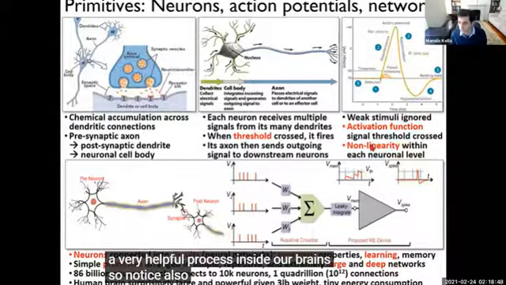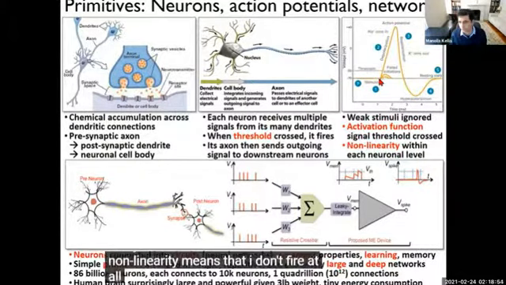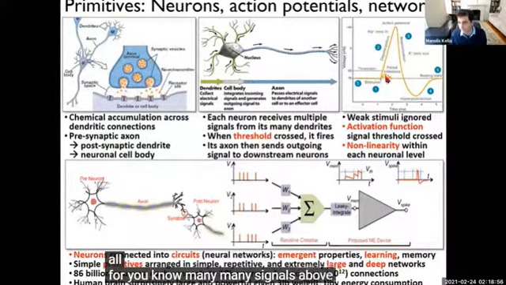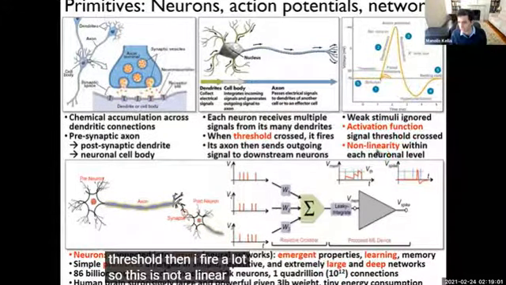So notice also that there's a nonlinearity within every neuronal level. That nonlinearity means that I don't fire at all for many signals below that threshold. But when I cross that threshold, then I fire a lot. So this is not a linear system.